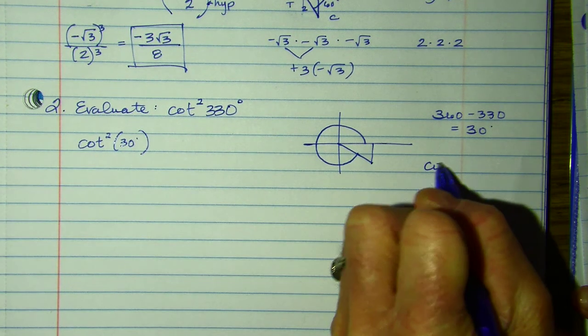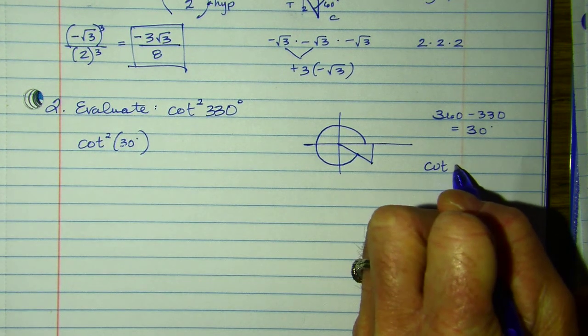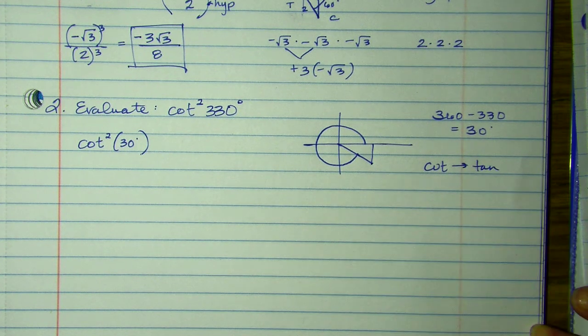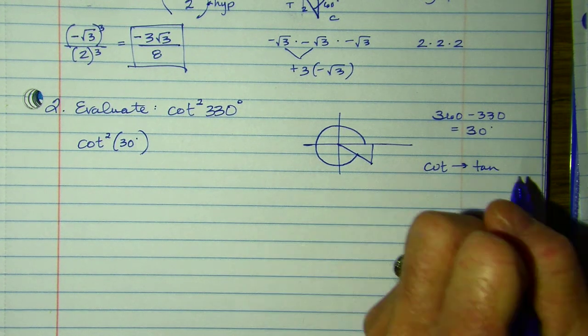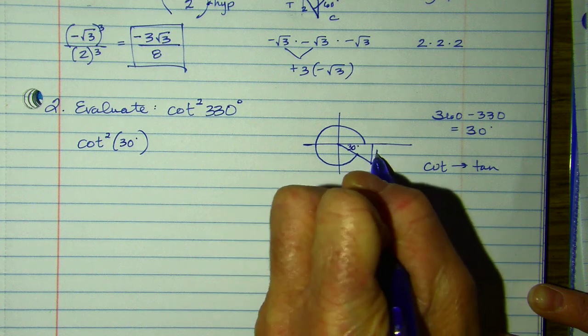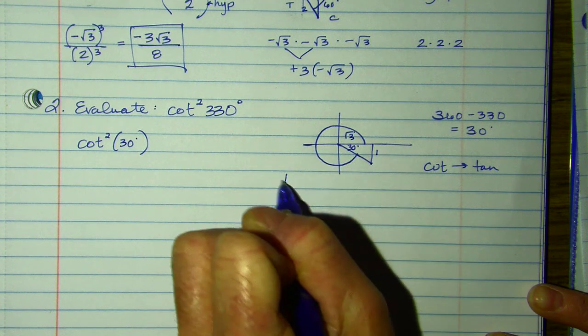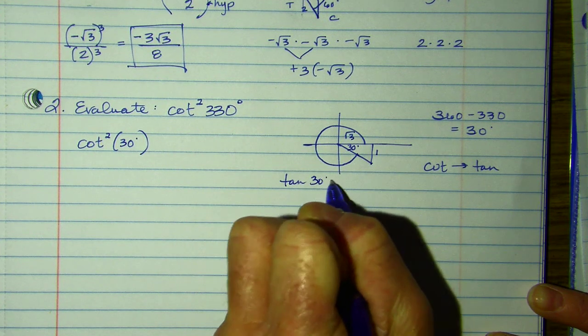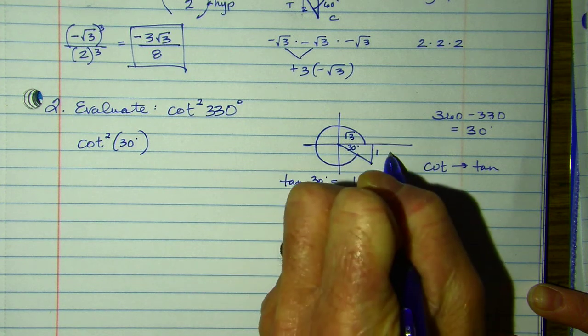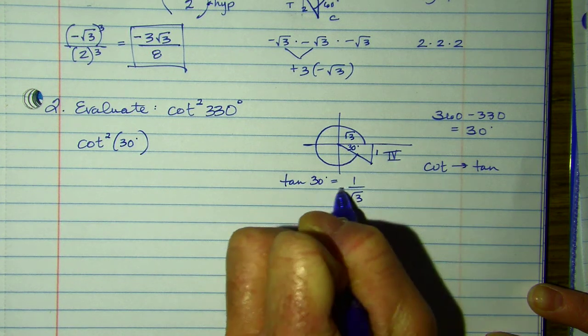Now remember, cotangent is the reciprocal of tangent. So for tangent, this is 30 degrees, so this is 1 and root 3. The tangent of 30 degrees would be 1 over root 3. But because I'm in quadrant 4, I know I'm negative.